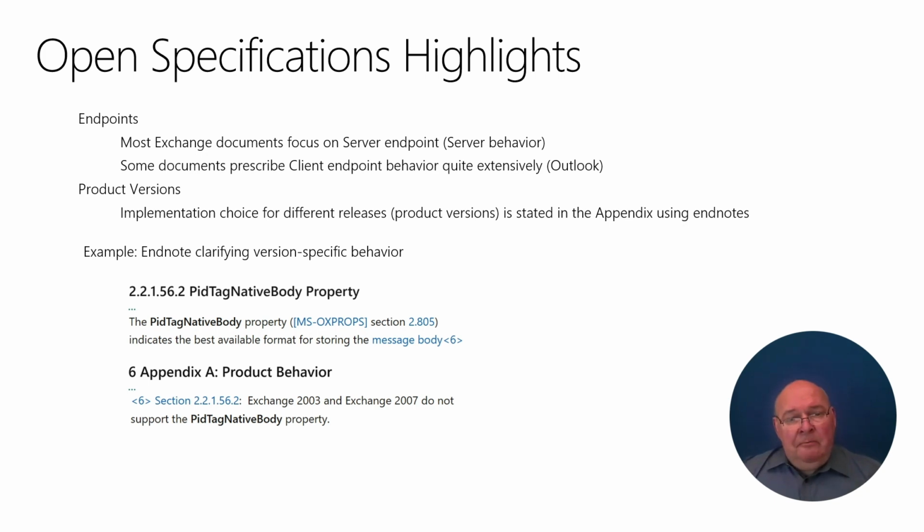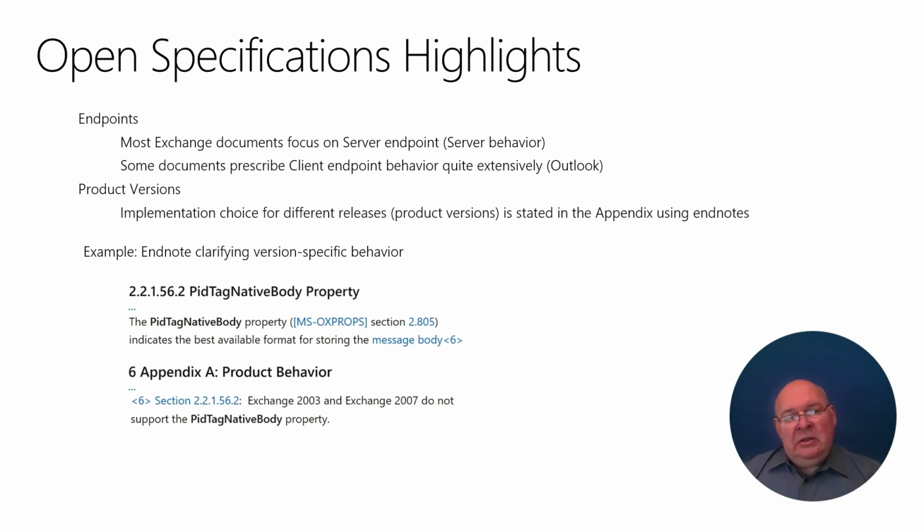However, for Exchange documents specifically, we have quite large number of documents that also document client endpoint. And the reason for that is that Outlook behavior is quite complex, and it needs to be documented in normative way to a large extent. So we have client behavior section and server behavior section in a large number of documents.